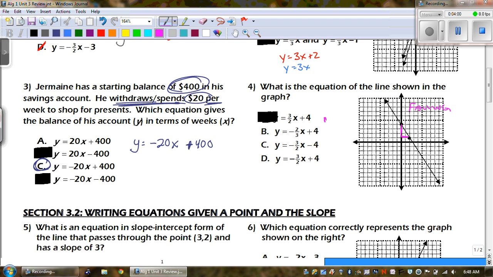We went down 3 over 2, so my slope is negative 3 over 2. The next one I can get rid of is B. Now the next thing I need to know is my y-intercept. My y-intercept is b, and that's a positive 4. That means I can get rid of C. Final answer, D.